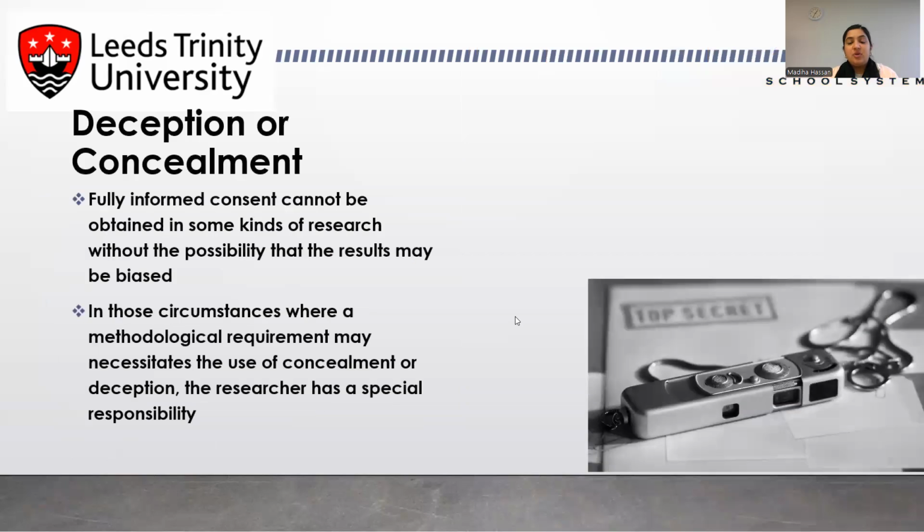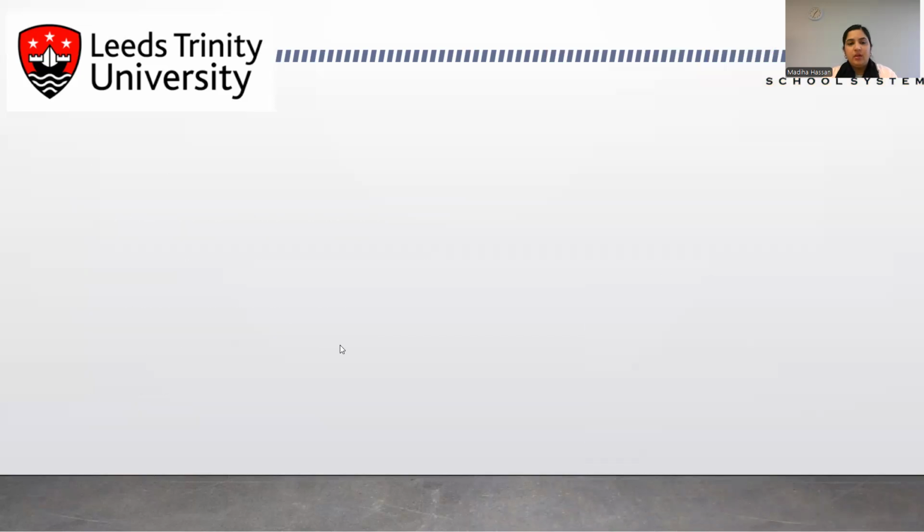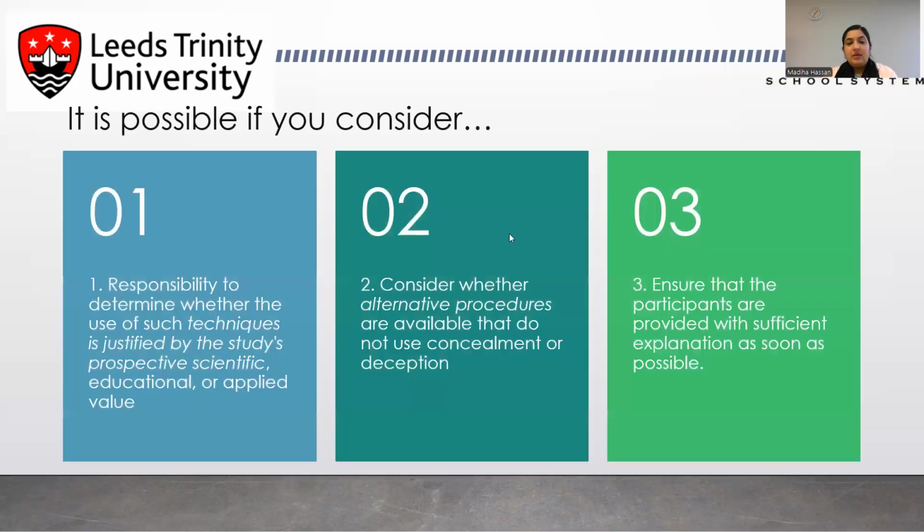Okay. Deception or concealment. This is going to be an academic misconduct. GDPR issues are also involved if you are going to get data from any deception without informing or without doing the ethical procedure. Number one, consider your responsibility to determine whether the use of such techniques is justified by the study's scientific, educational, or applied value.